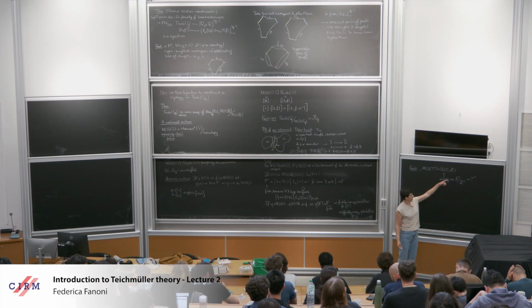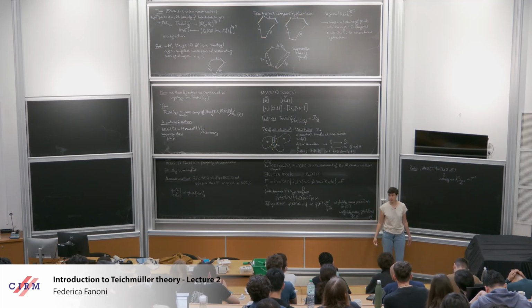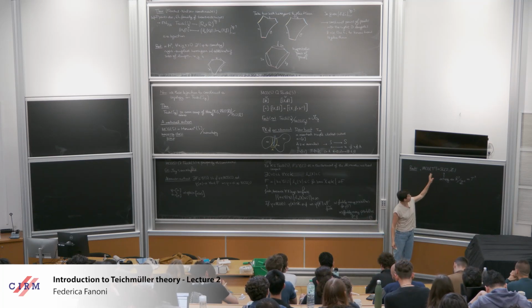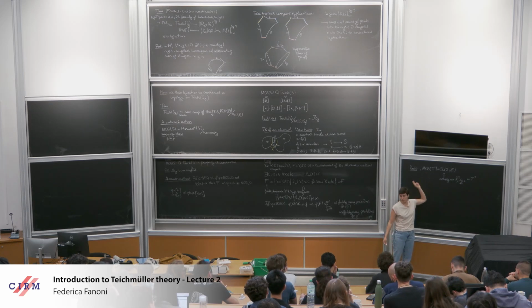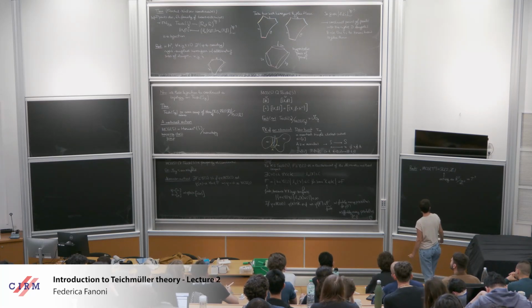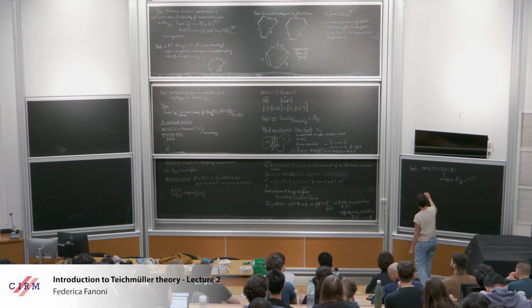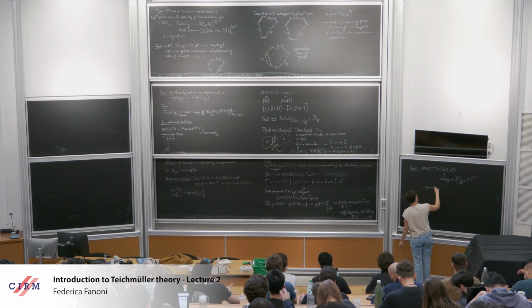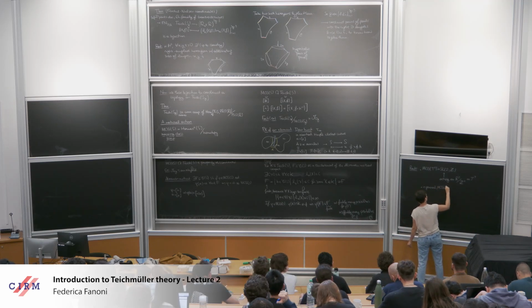So this acts on R2 and preserves Z2. So you get one way of looking at this inside here, and it's not very hard to show that these two are the same, but it goes certainly beyond the scope of what I'm doing here, so I'm not going to do it. And the other thing is that in general, mapping class groups are much more complicated.